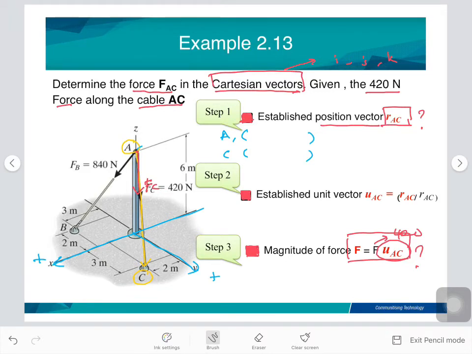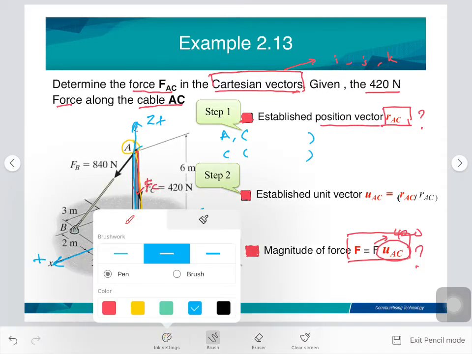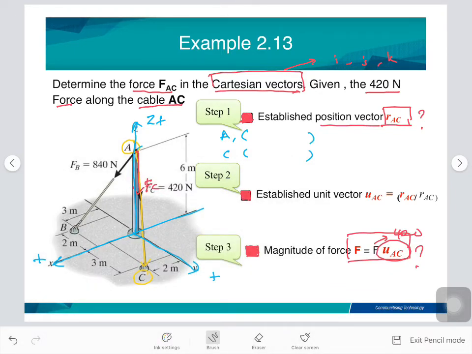This is Y positive, and this is Z positive. Okay, so now let's travel to determine the coordinate A. We start from this origin. This is A. Do we have distance from this origin towards X? No, right? So XA is equal to 0. And now, do we have distance in Y?